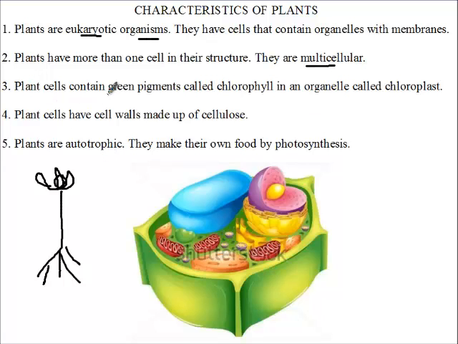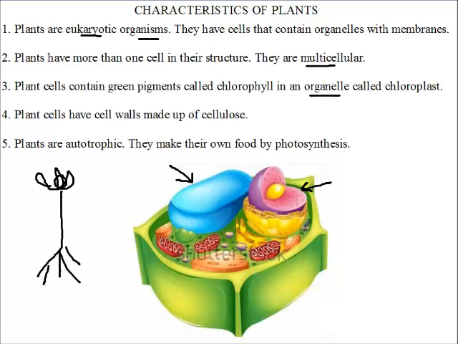Plant cells contain green pigments called chlorophyll in an organelle called chloroplast. When we say an organelle, these are the structures in a cell that perform specific functions. Here we see the vacuole. It performs a specific function. We see the nucleus. It performs a specific function.